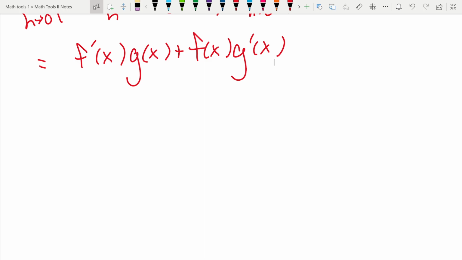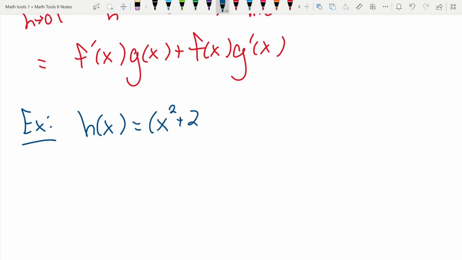Okay, so let's look at some examples here. Let's say that we have h of x equals x squared plus 2 times 3x cubed minus 5x. Okay, so we could just go ahead and multiply this entire thing and then take the derivative, but the product rule says we don't have to. But I think we should do it both ways to see if we get the same answer, right?